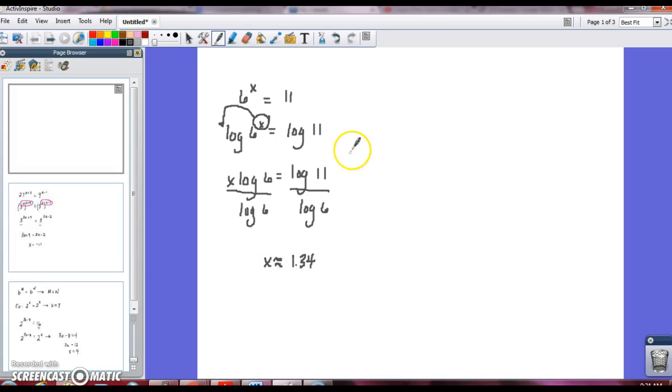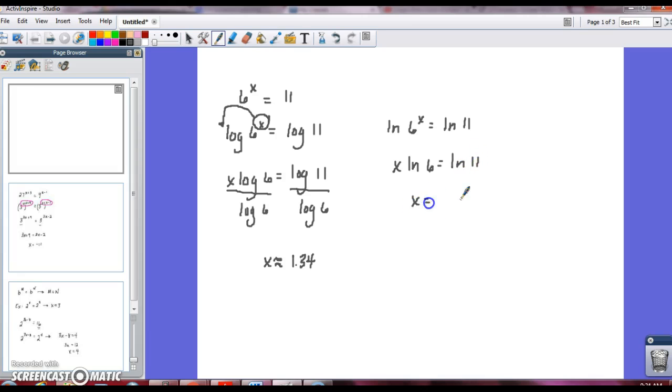Now let me show you something else. If I instead of logging both sides, took the natural log of both sides, so let's say I did ln of 6 to the x is equal to ln of 11. Right, I still use the same rules. Remember, ln is just log base e.